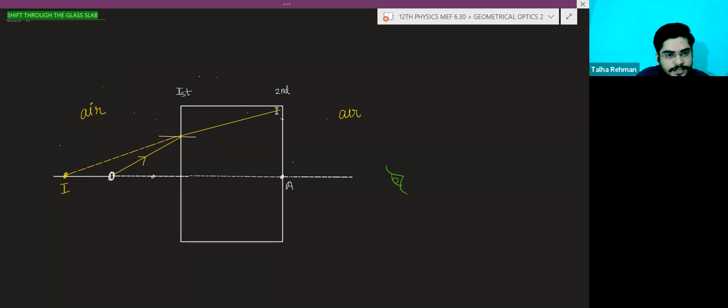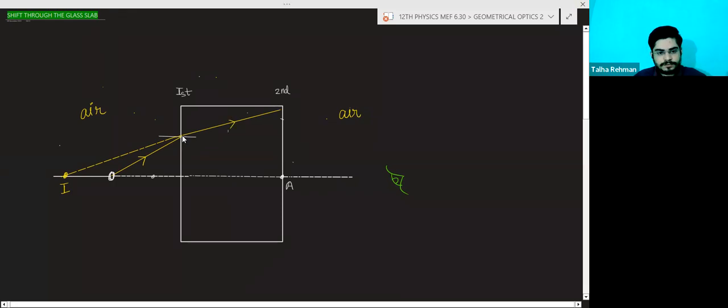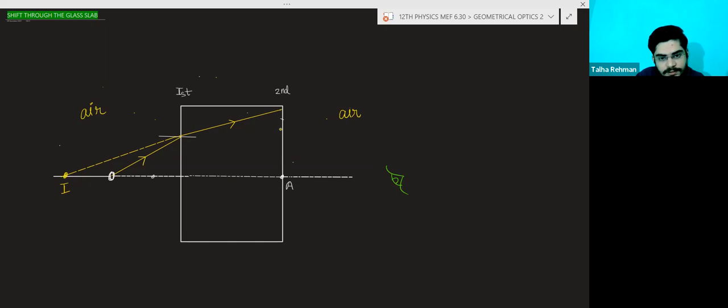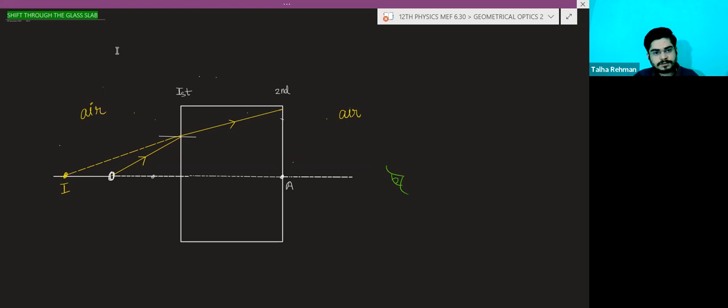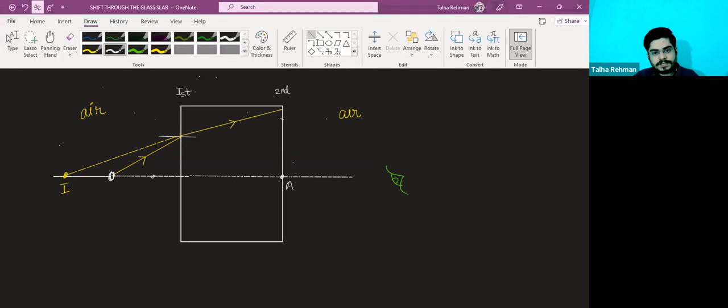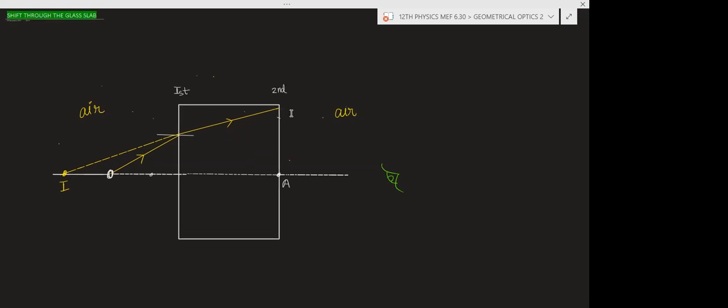Finally the light ray is bending towards the normal, and it will leave the glass slab, and here refraction will take place as this ray is leaving from glass and moving to air. Refraction taking place means there should be a normal here.